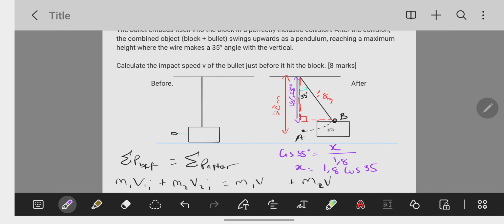So if this is 1,8 and that's 1,8 cosine 35, therefore what is this difference here? Well, it's simply going to be the 1,8 minus that. Okay, so that would be the height. That's the height we are looking for.